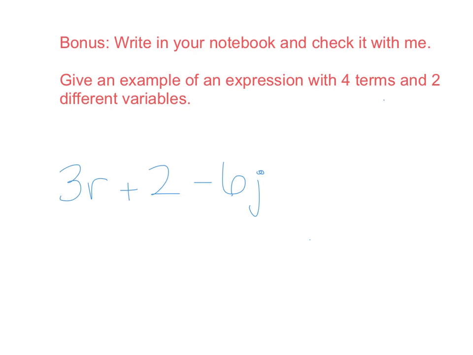And then I need 1 more term because I have currently 1, 2, 3 terms. I'm looking to have 4 terms and 2 different variables. So I'm good on my variables, I just need 1 more term. And let's do plus 12. And that's all. That is one example of how you could solve this problem. You could do it any sort of way as long as you have 4 terms and 2 different variables.